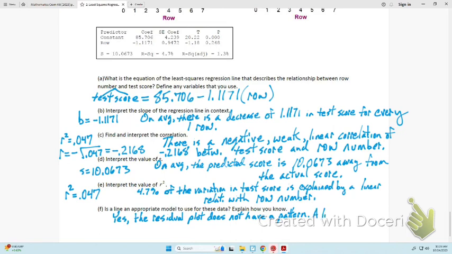A linear model between test score, I'm really struggling to write it with the stylus, and row number is appropriate.